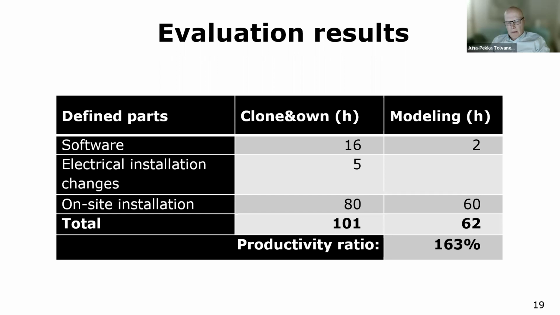So they were 8 times faster with the modeling. And I should mention that they didn't compare it to a situation where they would write the code from scratch, but they compared it to the usual clone-and-own approach, where you copy the code of the previous fish farm or the closest fish farm, and then you start changing it.